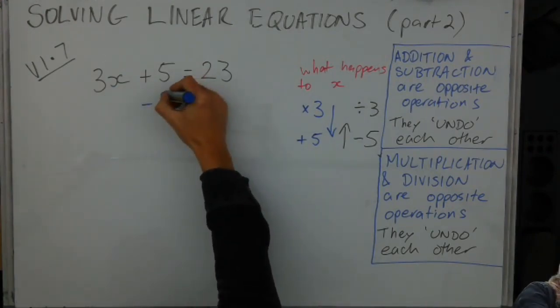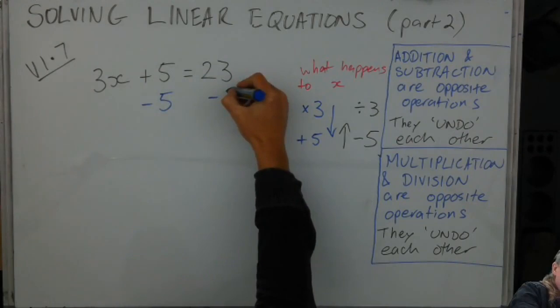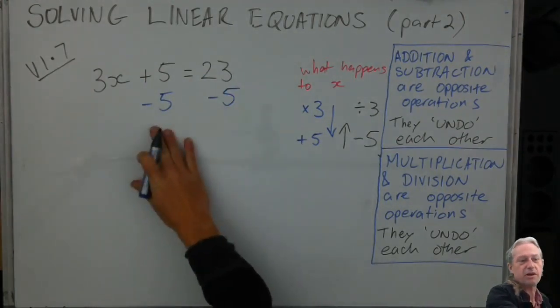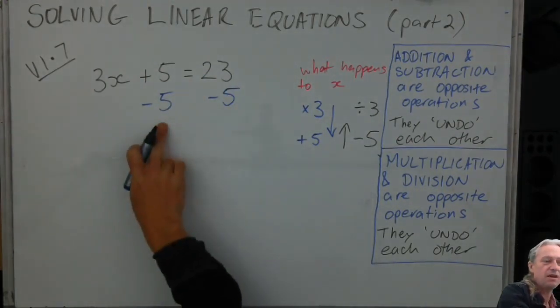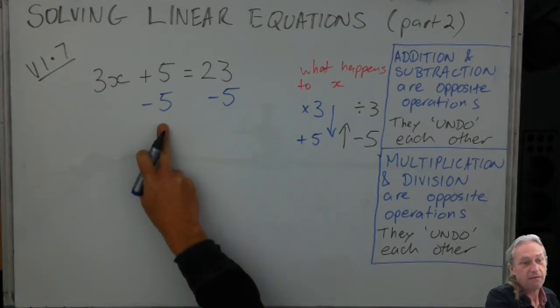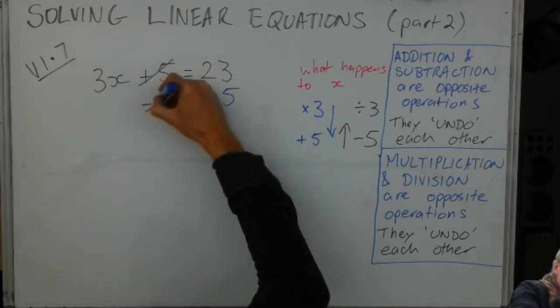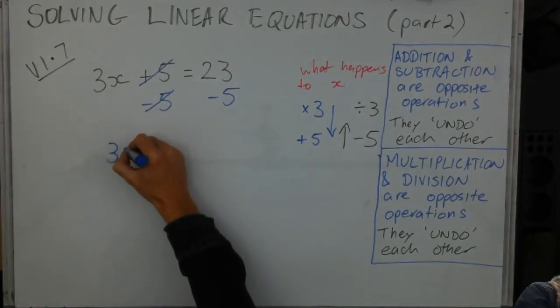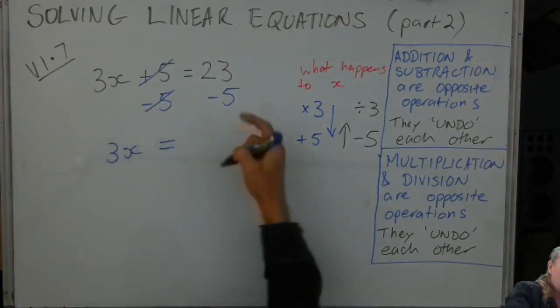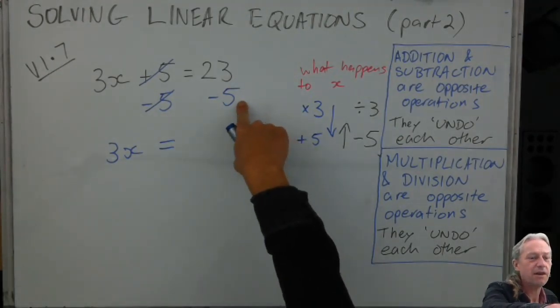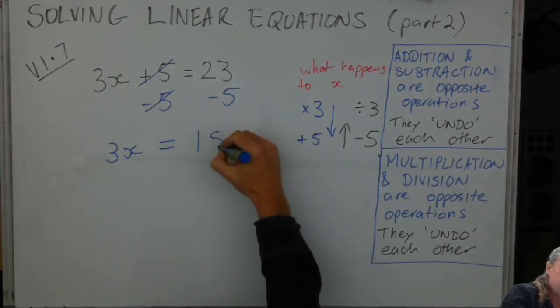So the first step, subtract 5, and we have to do it to both sides of the equals. So over here, we add 5 and take 5 away, it's like adding nothing. So these cancel out, and we get 3x equals 23 take away 5 is 18.